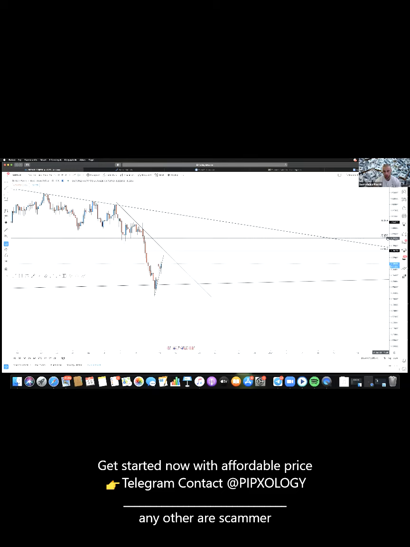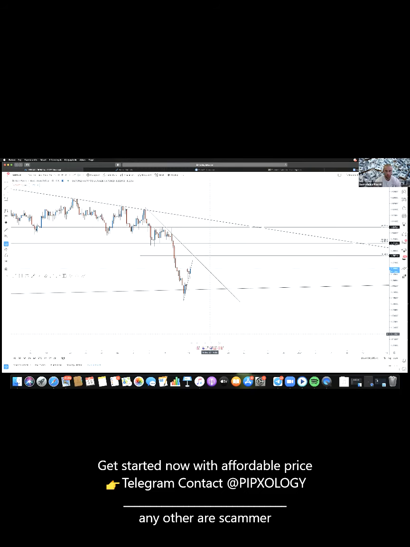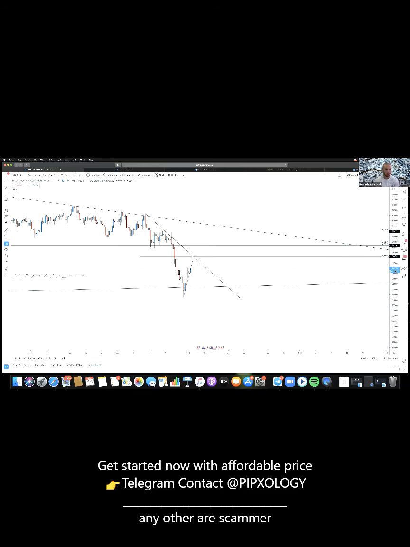What is the H4 78.60 one more time, and after to the daily 78.60, which matches with the bigger time frame trend line. So basically on GBP pairs, I'm waiting now for a little bit bigger push to the upside still before it makes a bigger retracement.